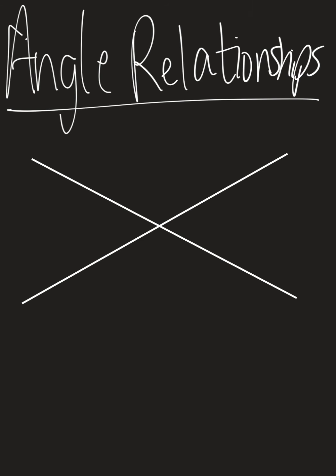Continuing on, we are going to talk about different types of angle relationships. So we have a pair of intersecting lines, okay? Now, we are specifically talking about vertical angles when we are talking about a pair of intersecting lines, okay?